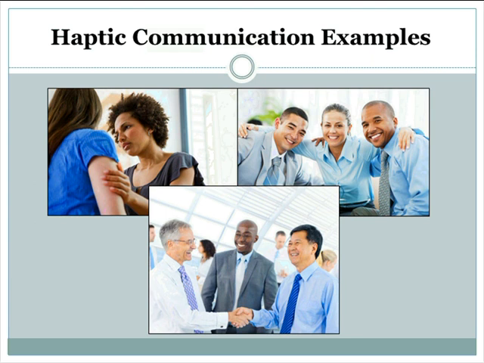Here's a collage of different examples of haptic communication. Starting from the upper left-hand corner, working around clockwise, we see a person touching another person on the shoulder or arm, and it looks like the person is comforting somebody. But it can also easily be misinterpreted as inappropriate touch, a sexual advance by another person.